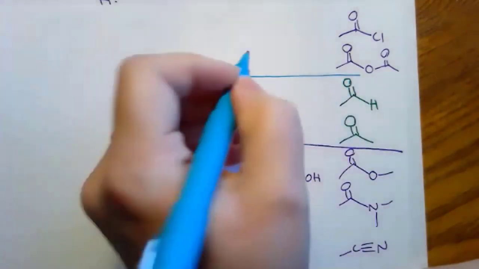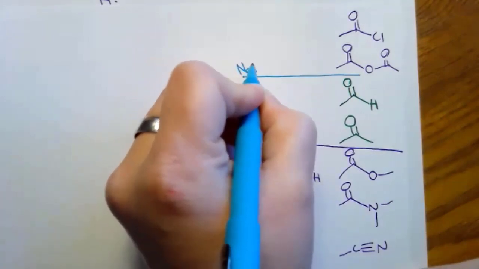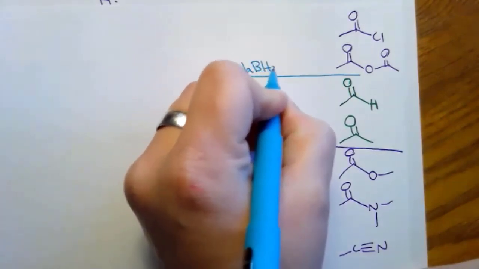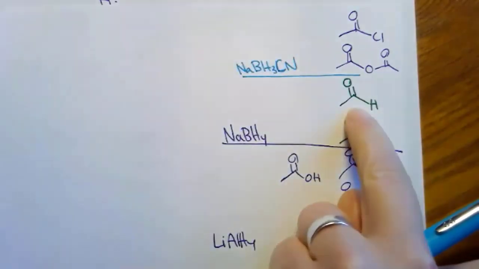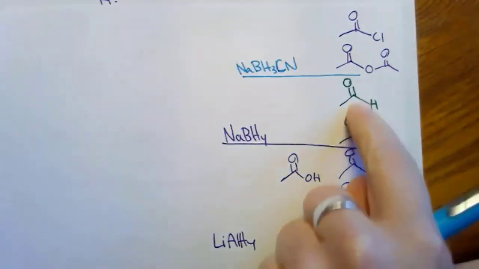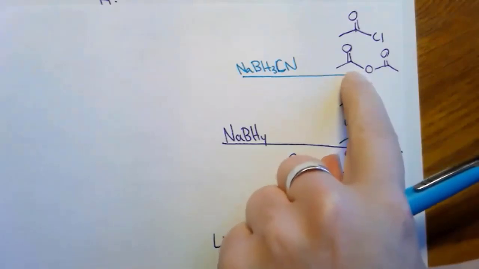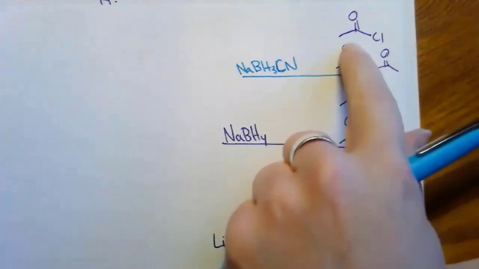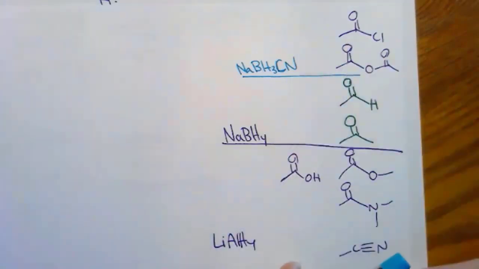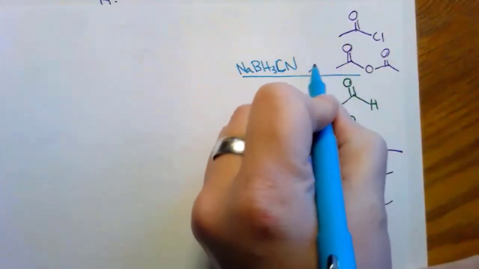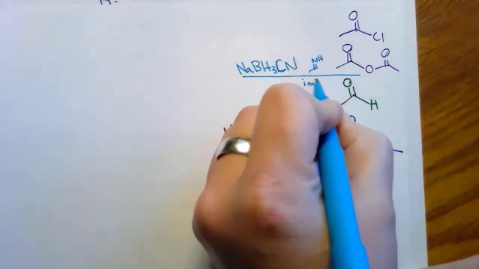So as it turns out, sodium cyanoborohydride cannot reduce an aldehyde. It's actually too weak to reduce an aldehyde, but it can reduce anhydrides and acid chlorides. It can also reduce imines.